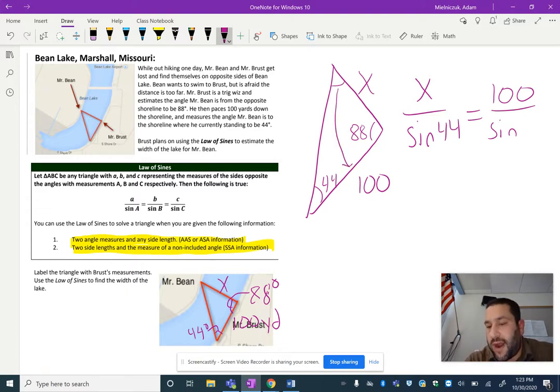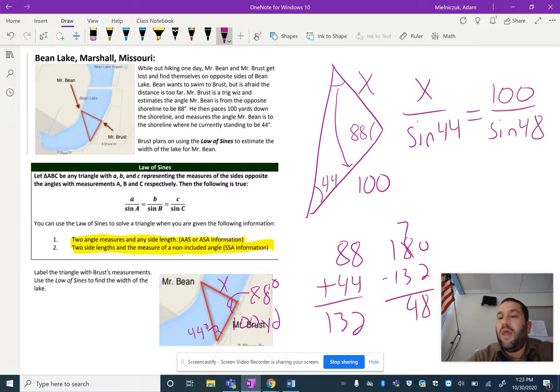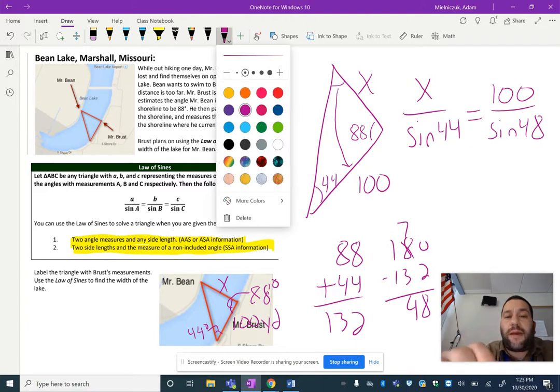So how do we figure that out? Well, we know a triangle is 180 degrees, and we know that 88 and 44 gives us 132. So to find the missing angle, it's 180 minus 132, which equals what? 48 degrees. So we're going to say the sine of 48. From here, we go back a couple units, and we're going to cross multiply to solve.